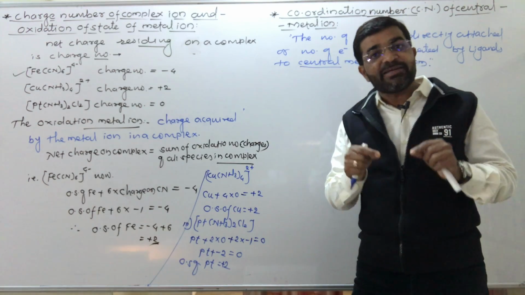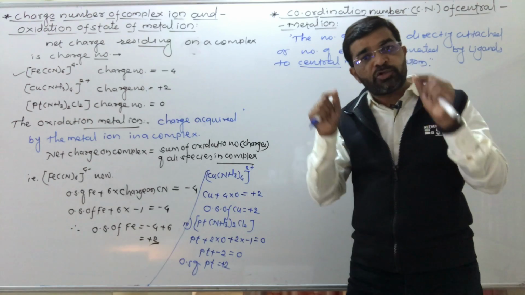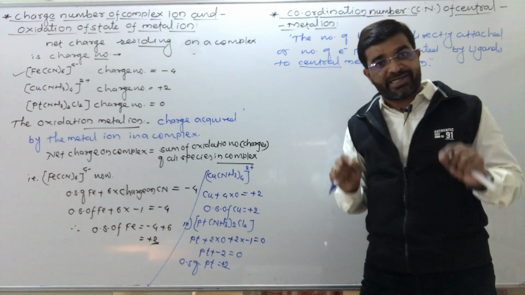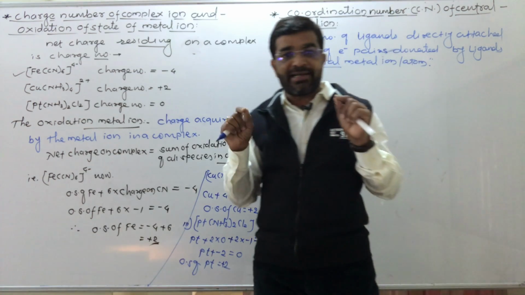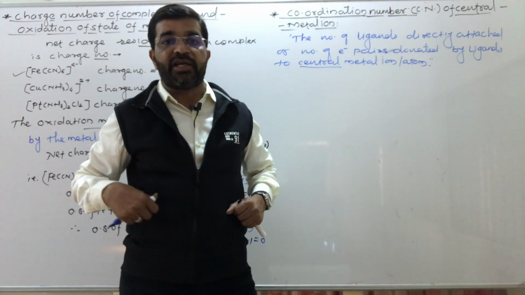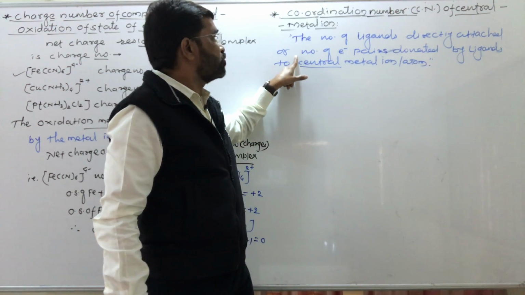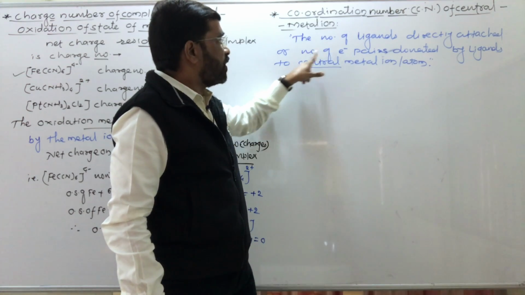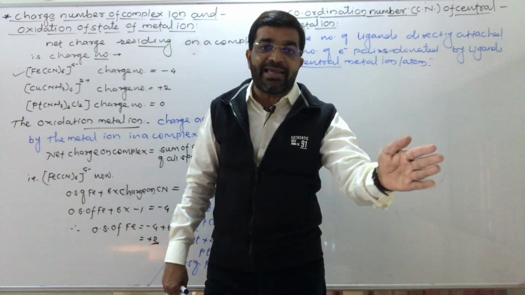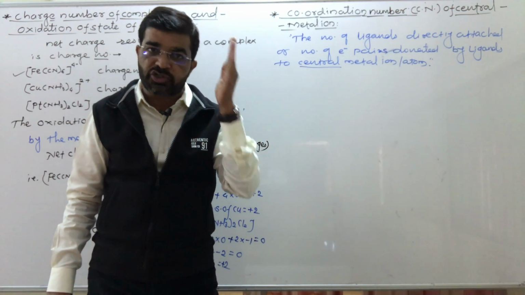So at that time, to find out coordination number, you have to take into account the number of electron pairs donated by the ligand. So point to be noted: in case of polydentate ligand, you have to take into account how many electron pairs are donated by that ligand, and therefore number of ligands directly attached to the central metal atom or ion, or number of electron pairs donated by ligands to that central metal atom or ion, is known as its coordination number.